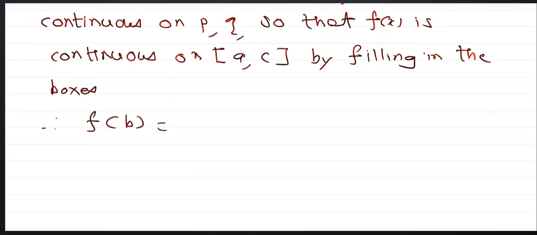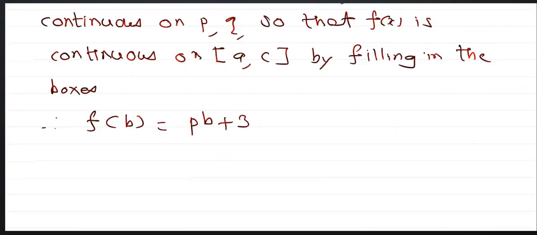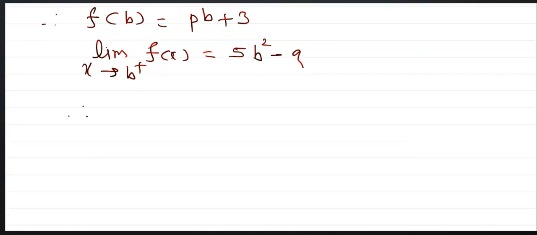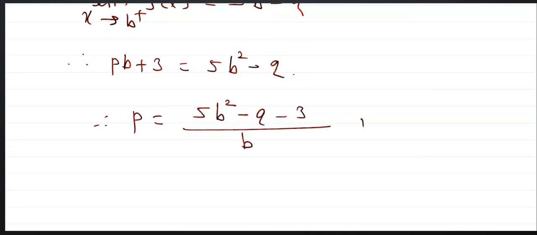F of x is equal to the given function px plus 3, that is f of b is equal to, substitute the value, pb plus 3. Next, pb plus 3 is equal to 5b square minus q, and find out the value of p.